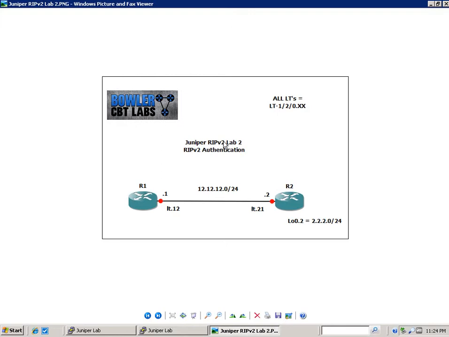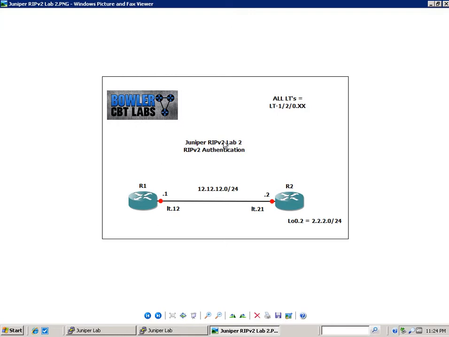So anybody that's on the wire who might be sniffing packets across these two routers will be able to easily decrypt and find out the password that is used to form the RIP neighbor adjacency. Again, that's simple authentication. So at least you are providing some type of authentication between your RIPv2 neighbors.